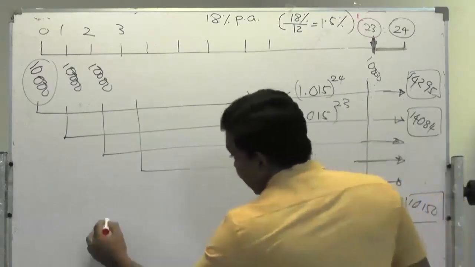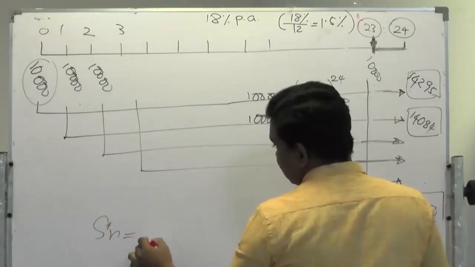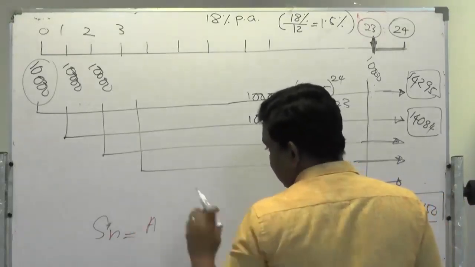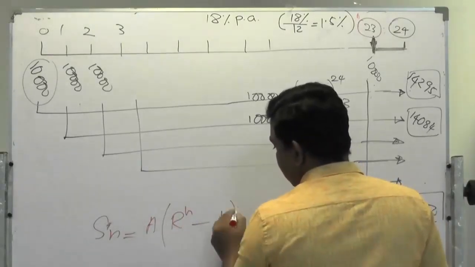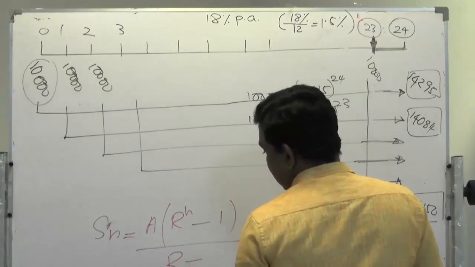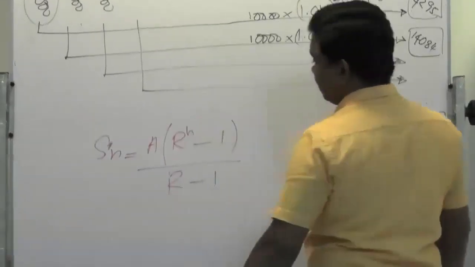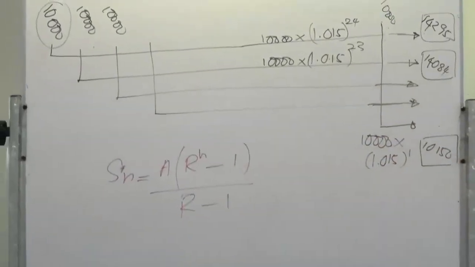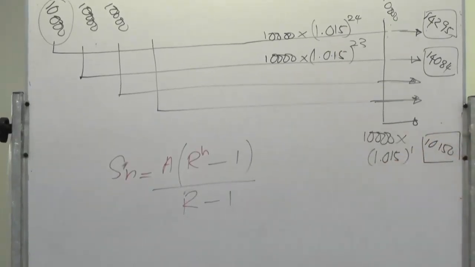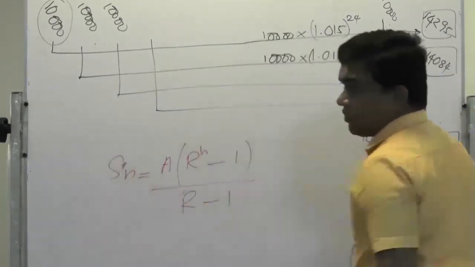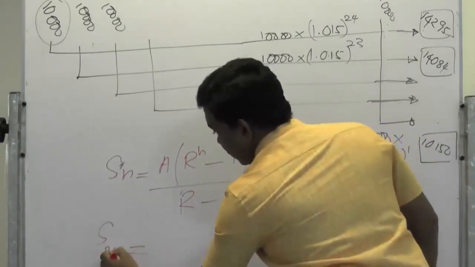What is the formula? Sn, the sum of the geometric progression, equals A, R to the power n minus 1, divided by R minus 1. This is the formula. Now, how many items do you need to consider? 24 items, 24 months. So S24.